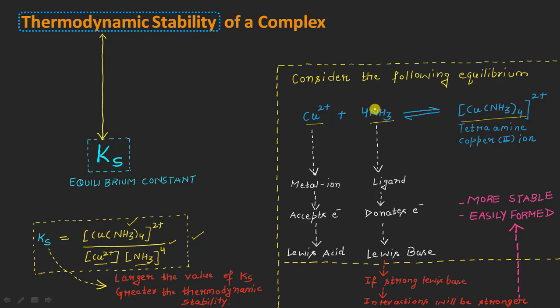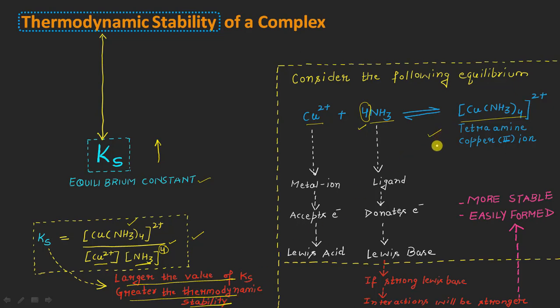And because 4 moles of ammonia are present here, this concentration term will be raised to the power equal to the number of moles, which is equal to 4 in this case, right? So this will be the Ks here, that is the equilibrium constant. And we can say that the larger the value of this Ks, the greater will be the thermodynamic stability of that particular complex formed in that equilibrium reaction, right?